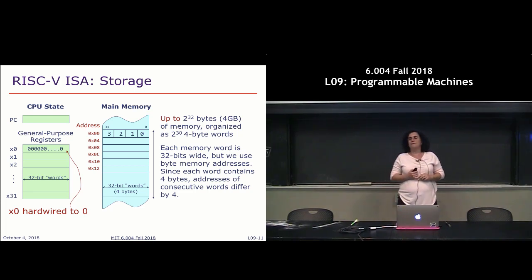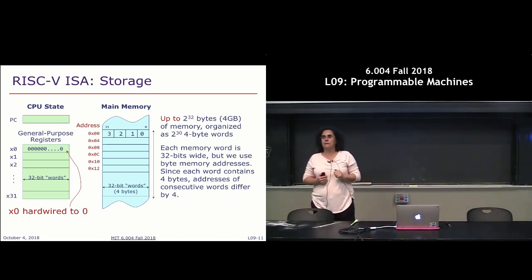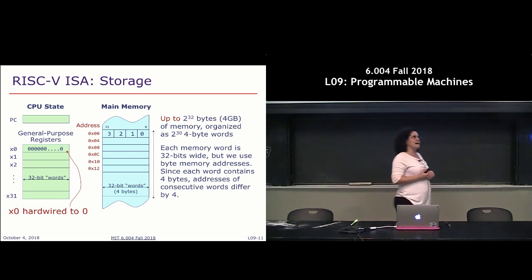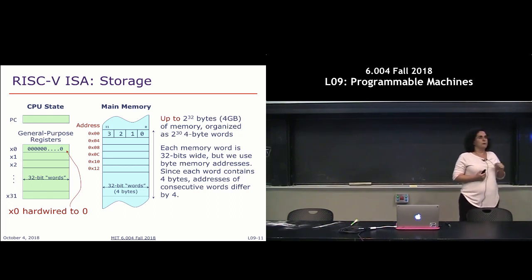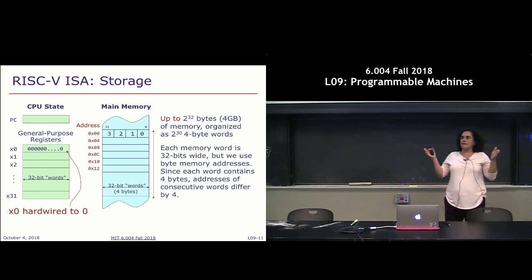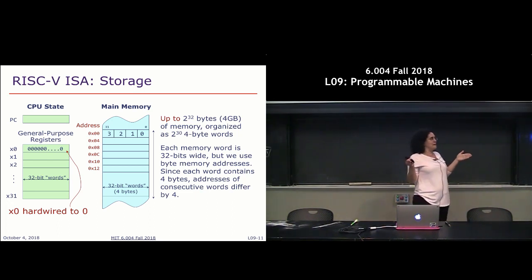And so if you think also about the address of consecutive words in memory, they're going to differ by 4, okay? So we said that when we want to change the program counter to point to the next instruction, we would add to it the size of the instruction. And so what would that be in this example, in this particular processor?